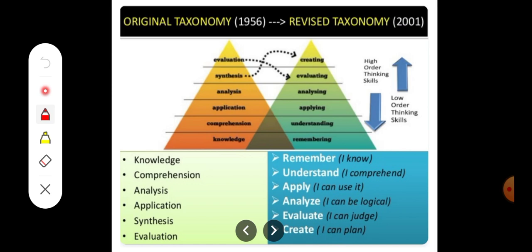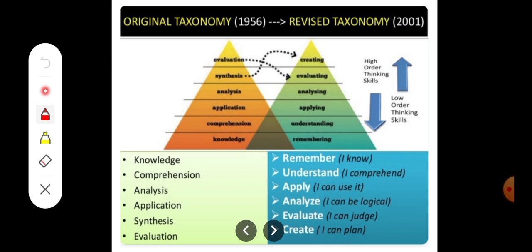We have the lower order thinking skills to the higher order thinking skills. We have evaluation, synthesis, application, analysis, comprehension, knowledge. They became create, where I can plan; evaluate, I can judge; analyze, I can be logical.